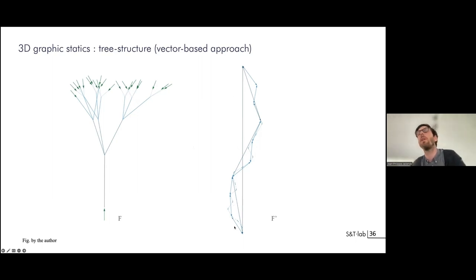So at some point, we believe that the strength of the vector-based approach is the visual convenience and the readability of the diagrams, okay?